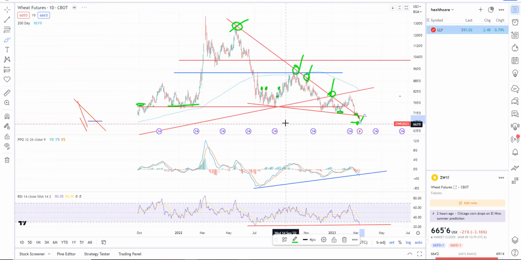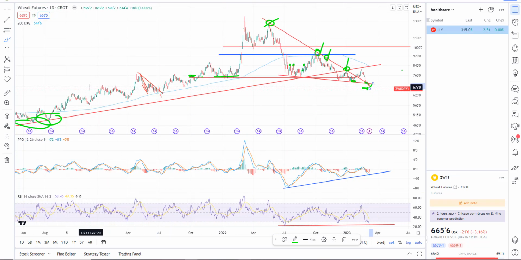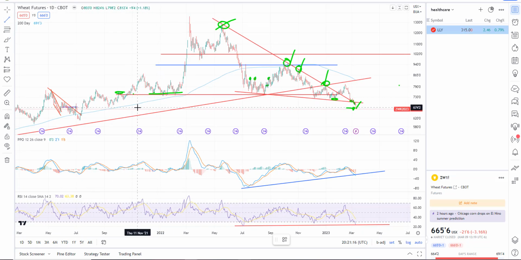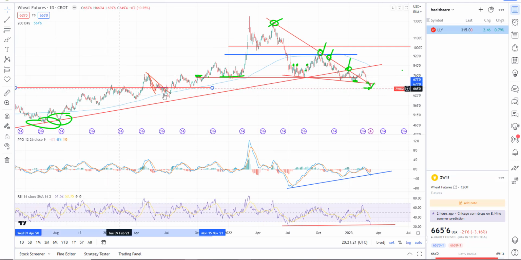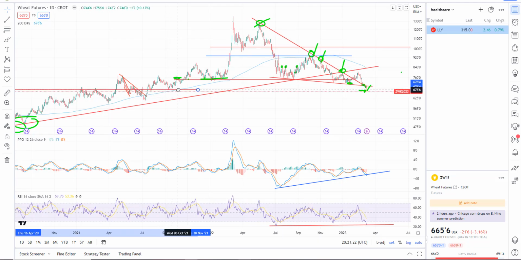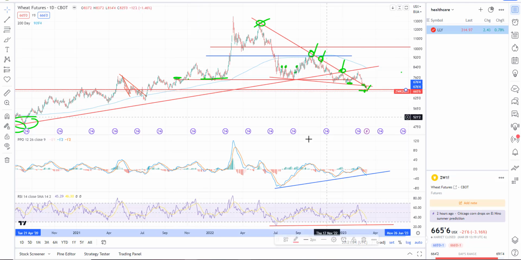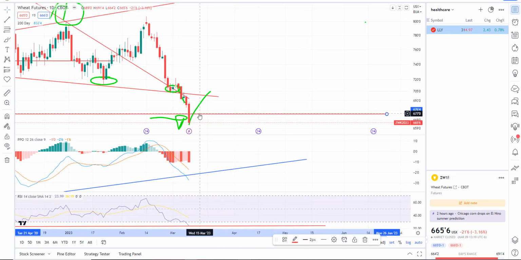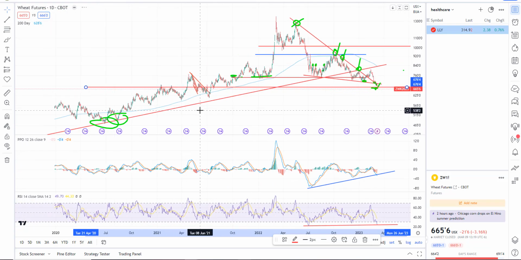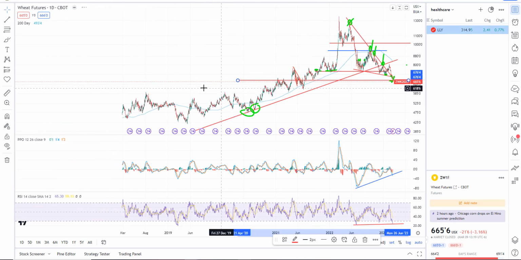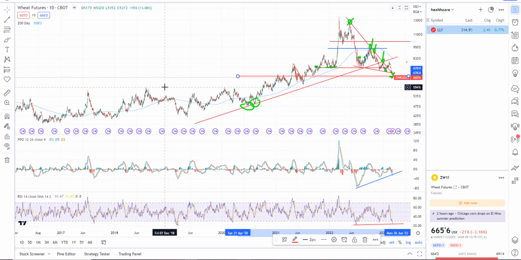If we continue to drop, the next support level on this, I think, is right down here. I'd probably have to do a little more homework to tighten it up. But right in this area here, it's about 677, 675. We're below that now. And below that, we could go down a ways.